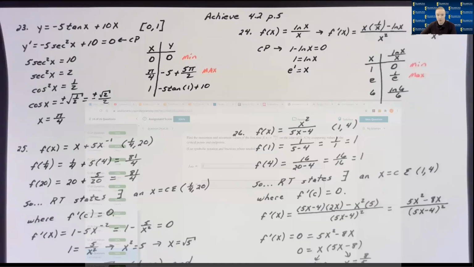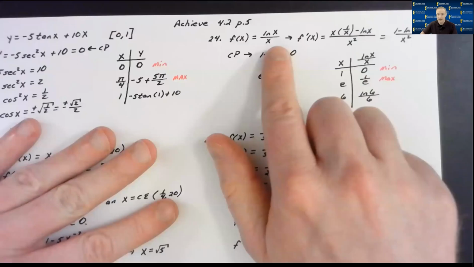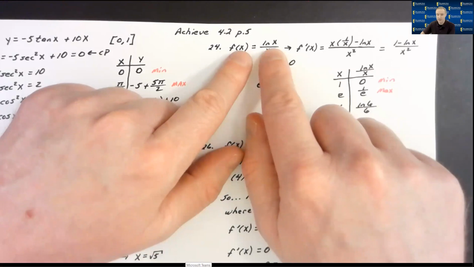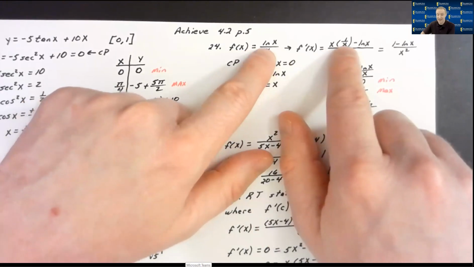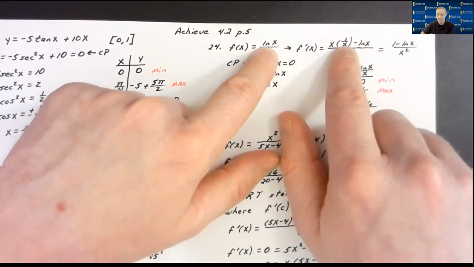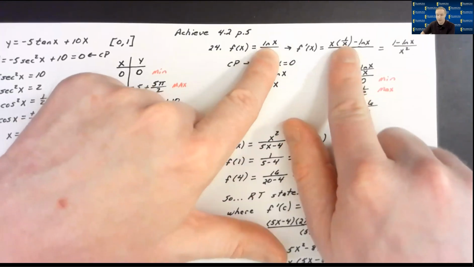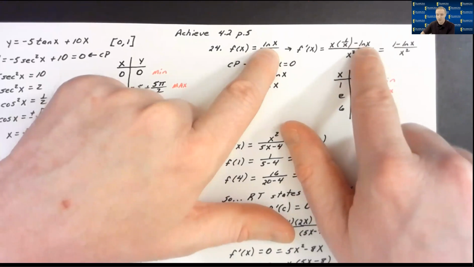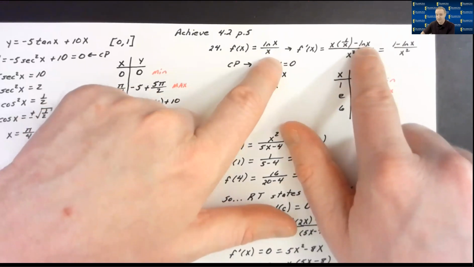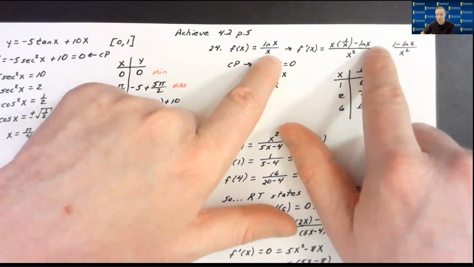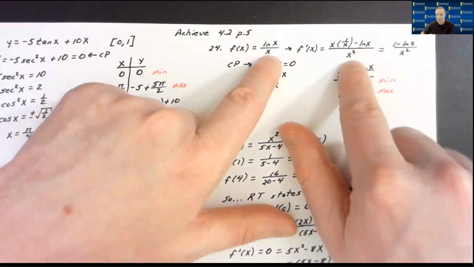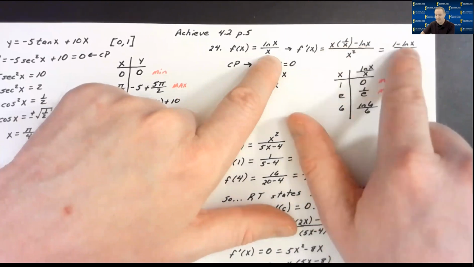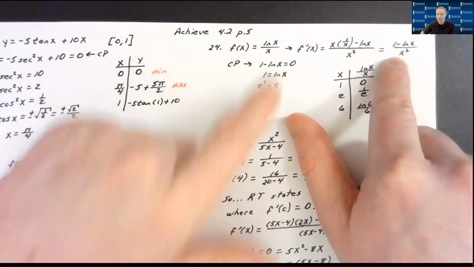So I take the derivative using the quotient rule: the denominator times the derivative of the numerator, the derivative of the natural log of x is 1 over x, minus the numerator, the natural log of x, times the derivative of the denominator, that's just times 1, all over the denominator squared. That gives me 1 minus the natural log of x over x squared.